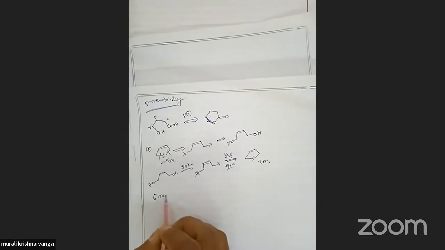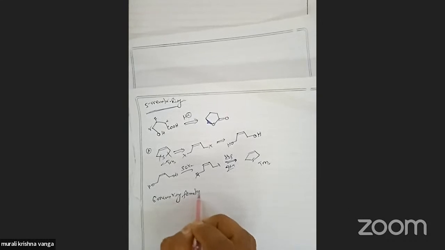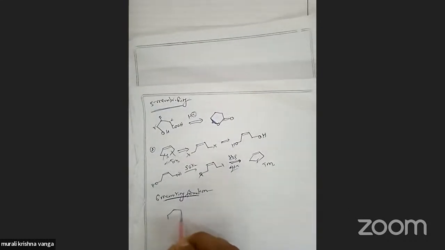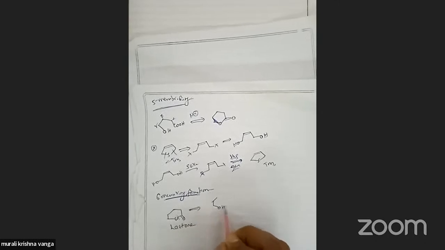Next is six-membered ring formation: the lactone. The lactone undergoes bond cleavage, then forms OH and OR.